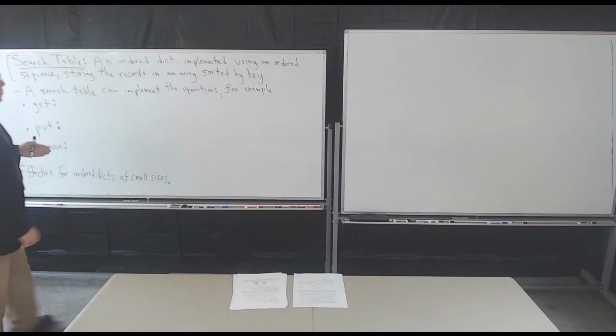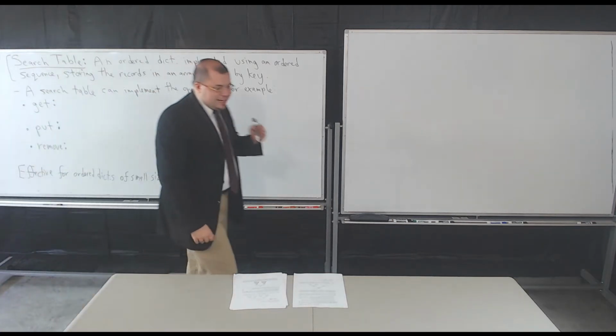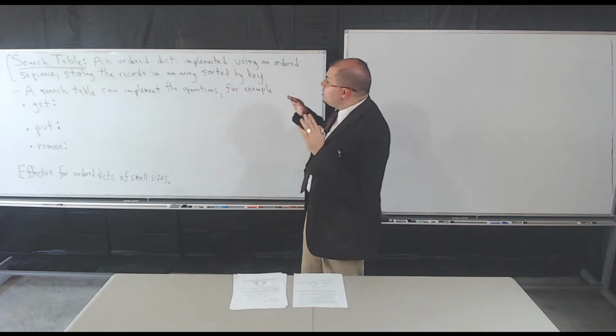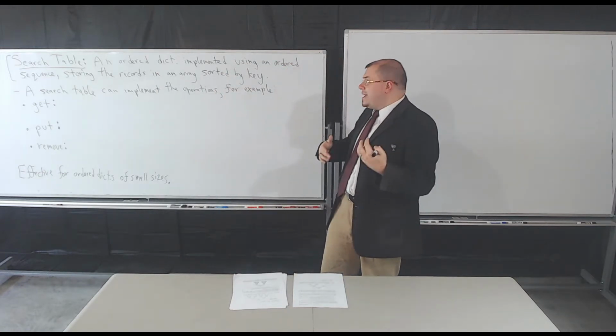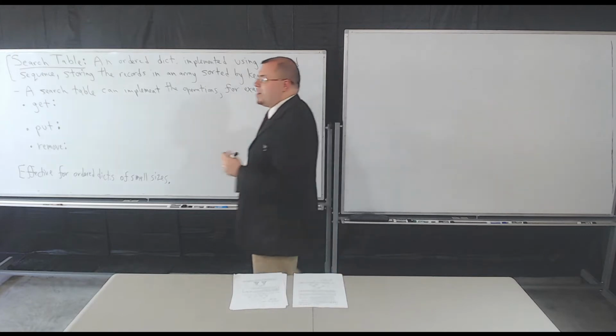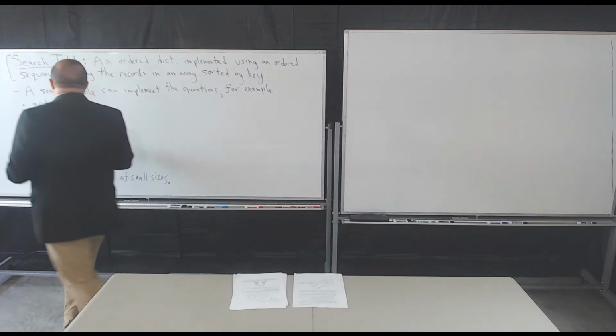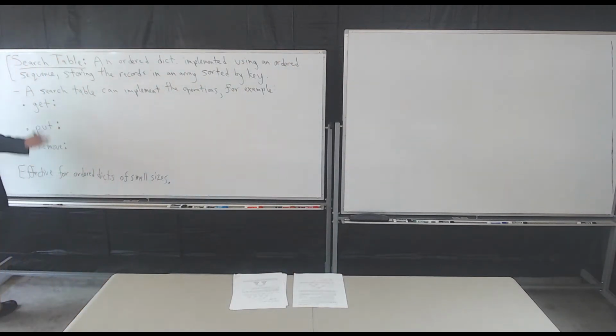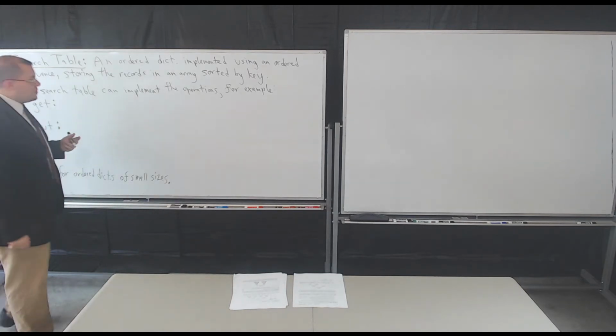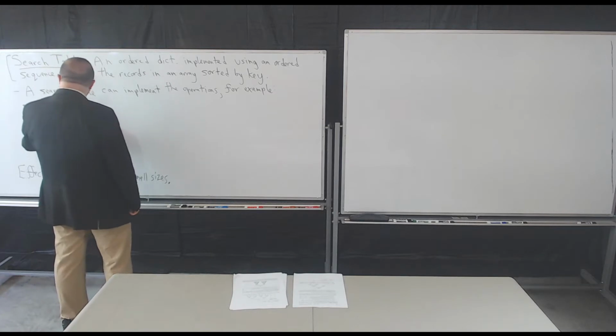So for get, how would you implement get? We're not going to look for an overly descriptive way of doing it, just think about the general idea. What would you do? You know the array is sorted, and you're looking for a particular key. So what would you generally do? Well, how efficiently can you do this?